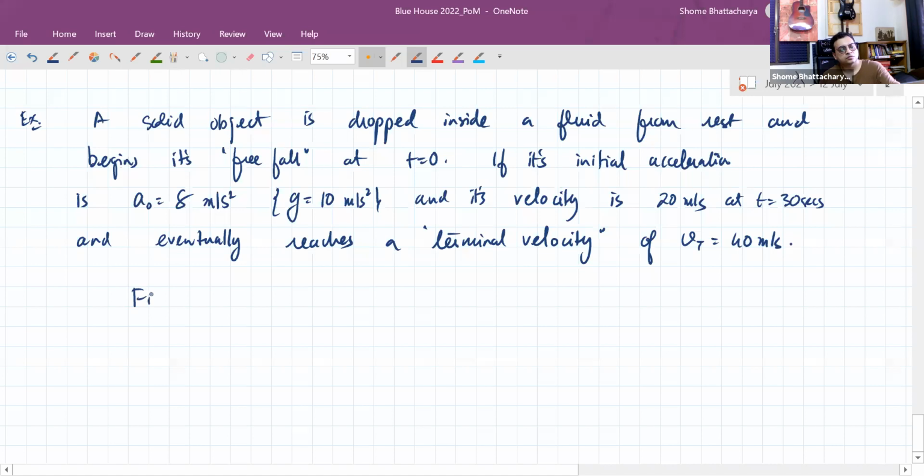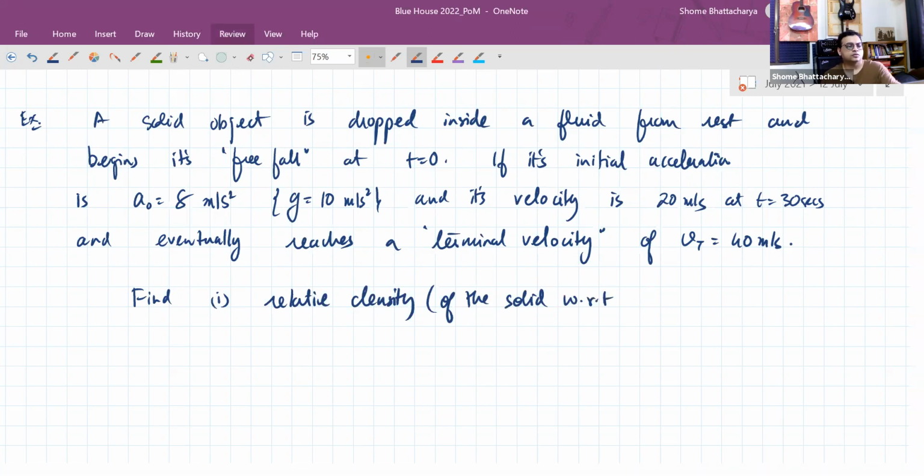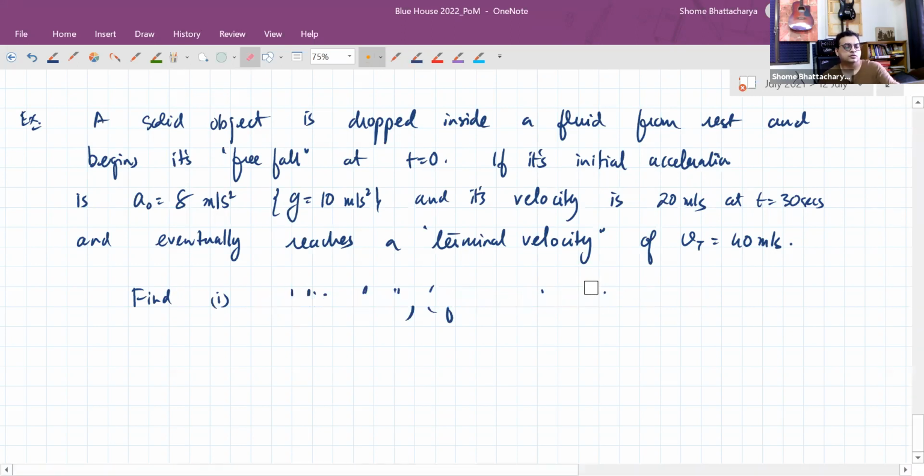So we have to find out the relative density of the solid with respect to, no, actually no, we'll leave this out for the moment. We'll come back to this relative density.